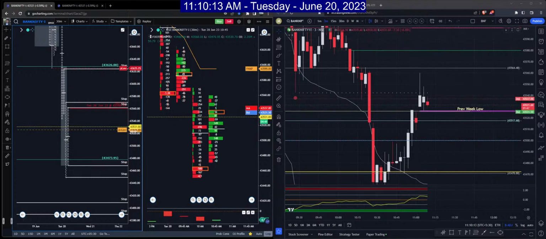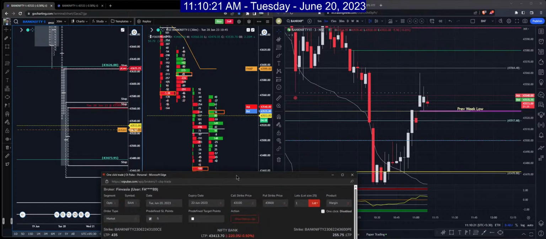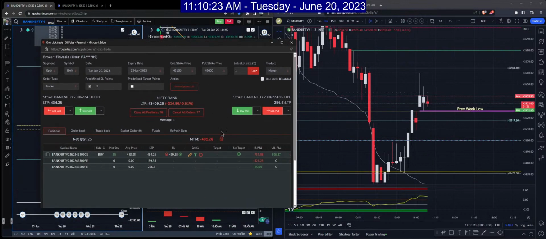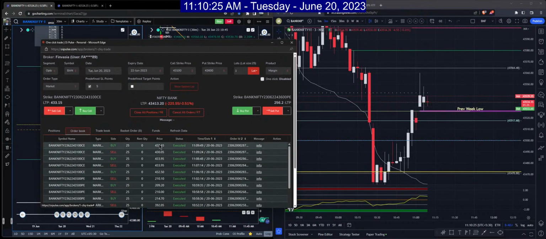Because I'm expecting some short covering. Okay, so my buy price is 433, and again the reason is I saw a bid coming in at this level. Okay, I'm expecting continuation higher.